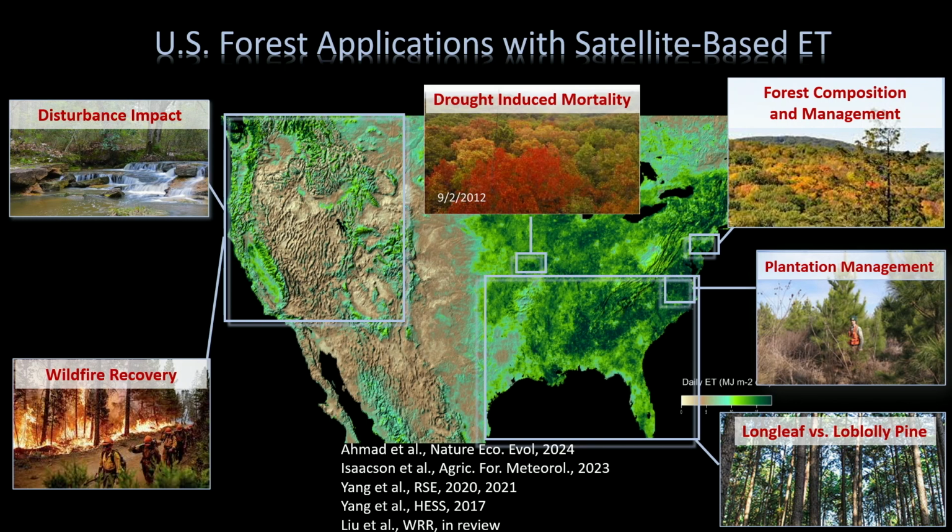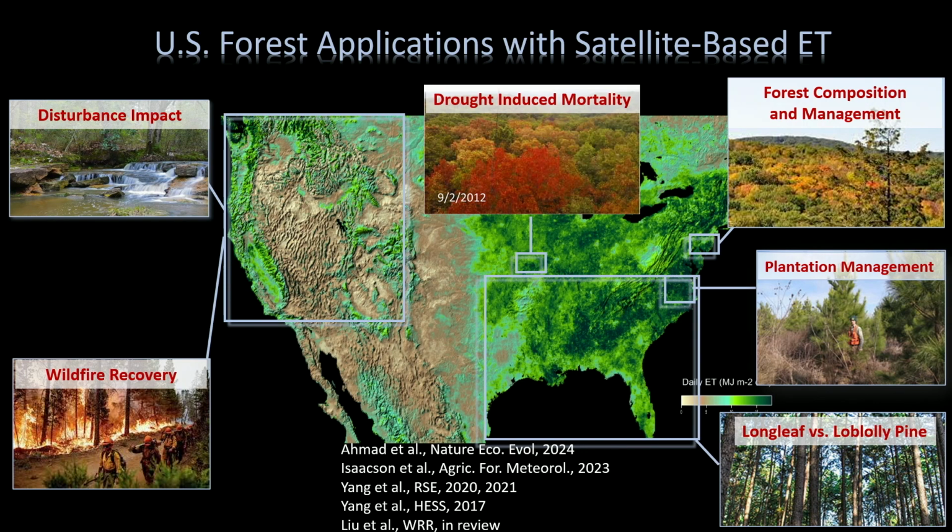So these are just an overview of what we can do using the ET data for forest applications. Later I'm going to highlight two studies, to give you a detailed example of how we use them.